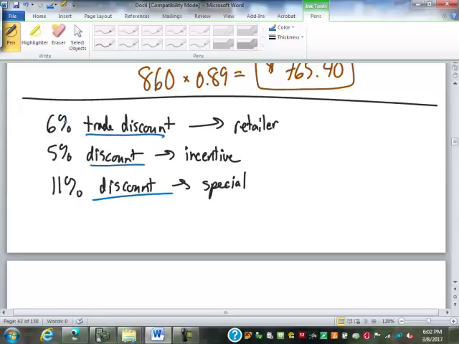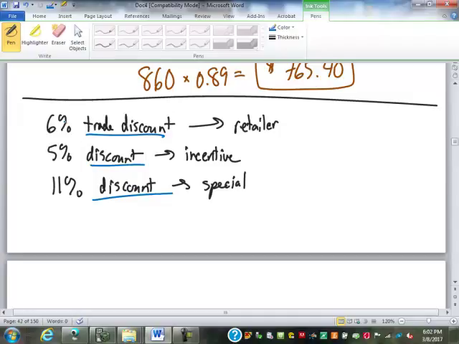Like I said, usually the first one is a discount you get because you're a retailer, because you're established with that supplier, that manufacturer. The other discounts often have special circumstances. Like we said, you met sales goals, or you're buying special products, or whatever reason that company might have for giving you those additional percents.